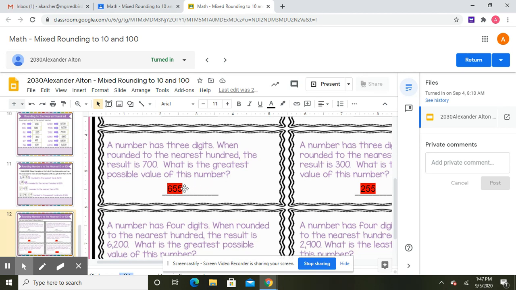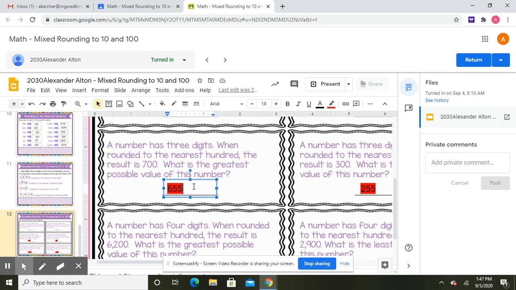So the answer here, you are correct, 655 would round to 700, but the greatest number that would round to 700 would be 749. This would round down to 700 if rounding to the nearest hundreds.